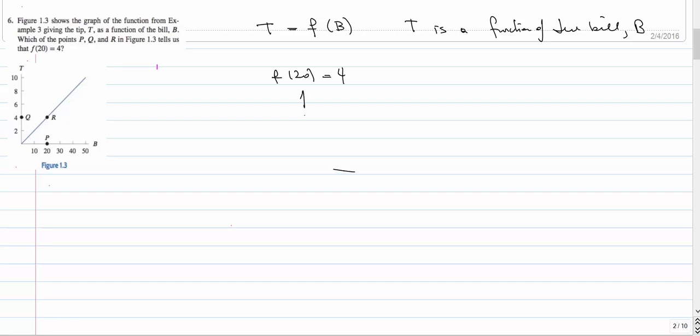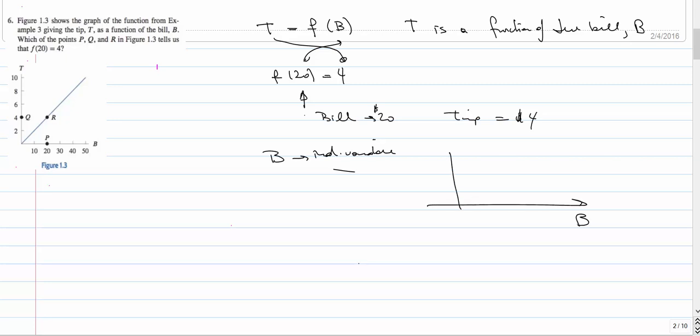The bill is the 20, based on $20. The output tip is $4. And so B is my independent variable. When you're graphing, the independent variable is your horizontal axis, and tip, your output, the dependent variable, is your y-axis, the vertical axis.